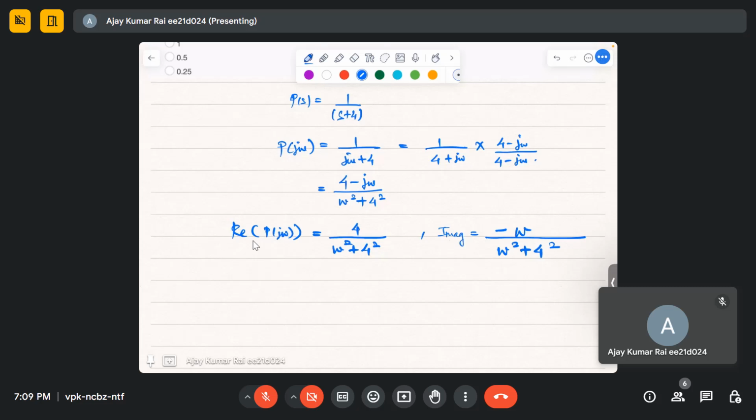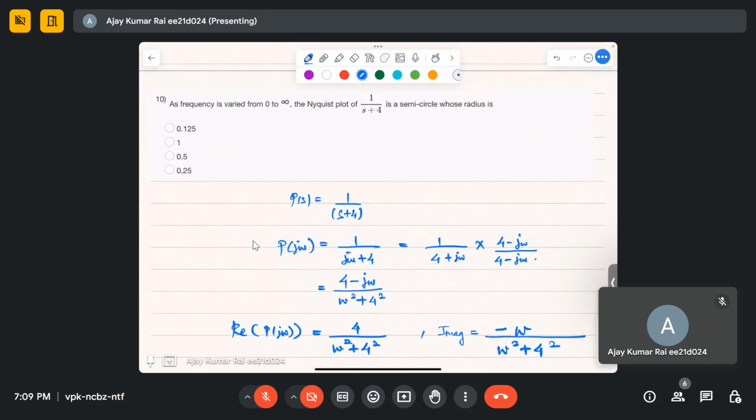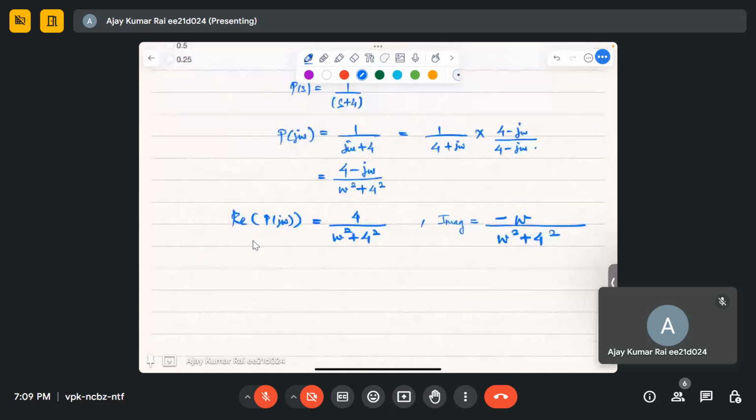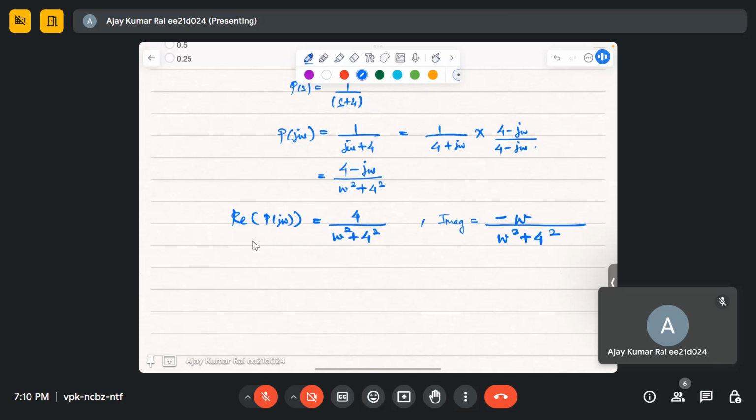Which quadrant is that? Can you answer it? Real part is always positive. Which quadrant? Fourth quadrant. Correct. So this semicircle will be in the fourth quadrant. Now the magnitude. What is the magnitude for this?